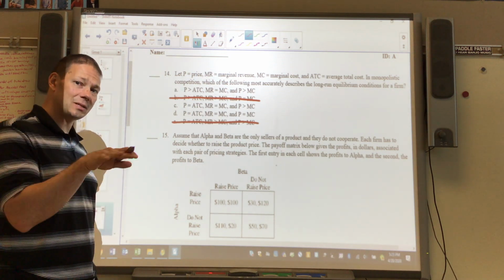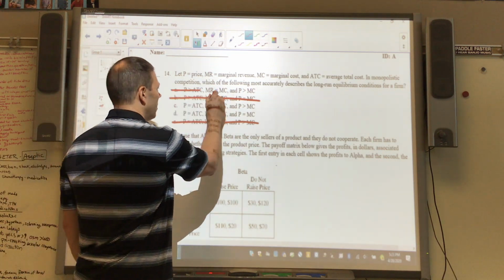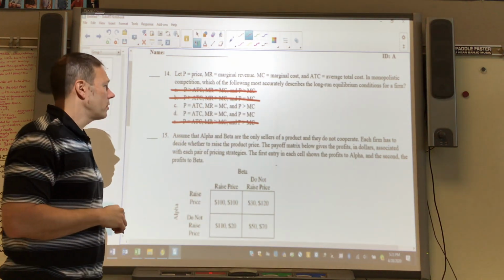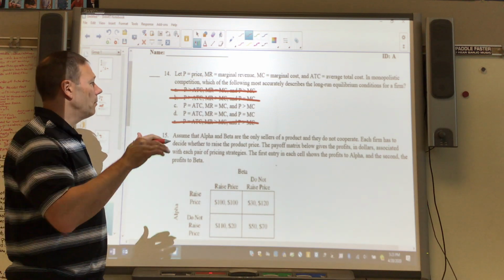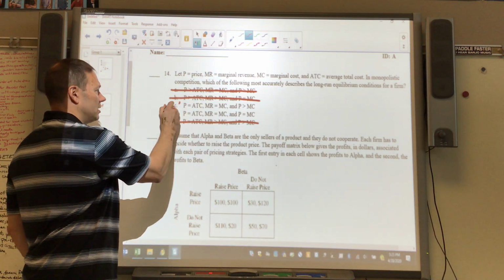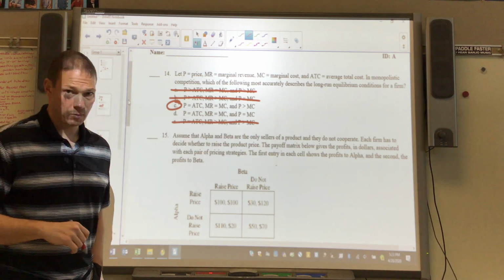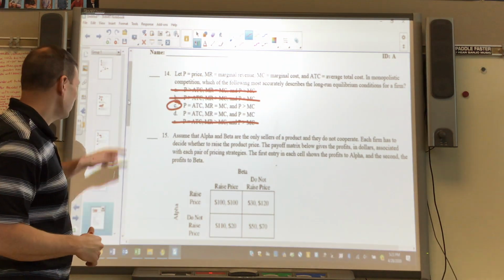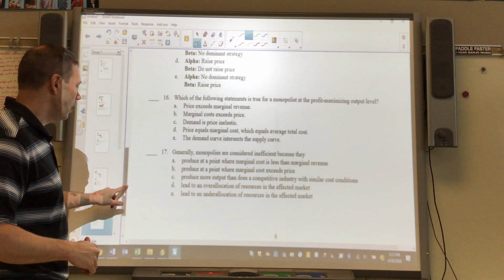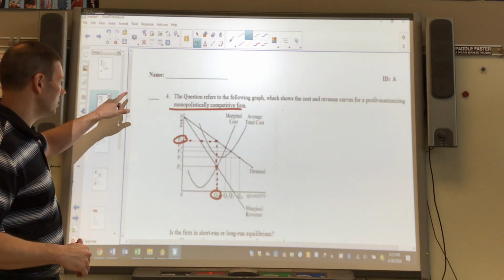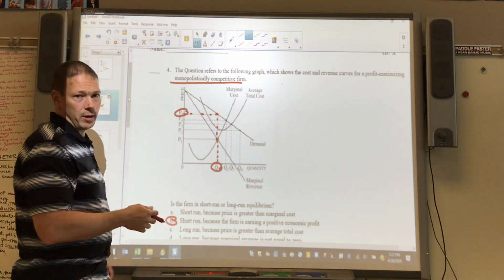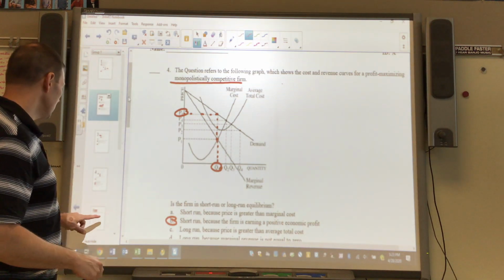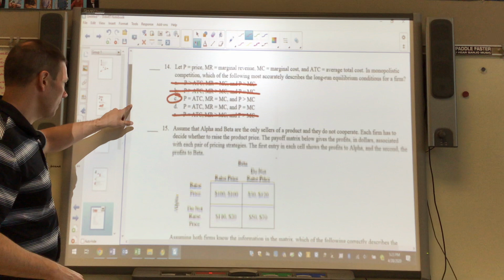So price has to be the same as ATC, so that eliminates letter A. And the other thing we know is that because it's not a perfectly competitive firm, price is going to be greater than MC, so we're left with the letter C. So number 14 is letter C. Again, that price is greater. Like I said, if I can show you a graph, where's a graph for us? I'm back here. Again, here's your price, and here's your MC down there. Price is greater than MC because it's not a perfectly competitive firm.